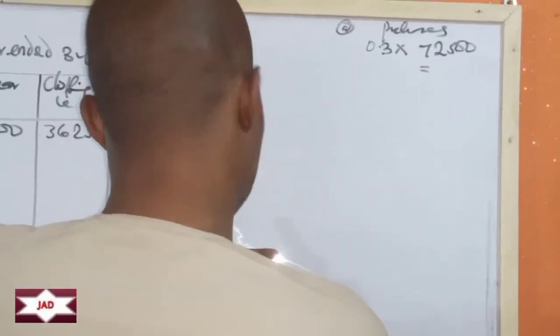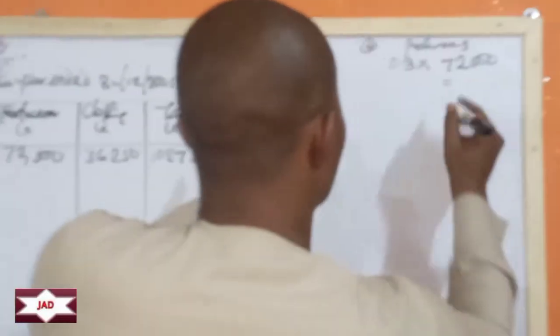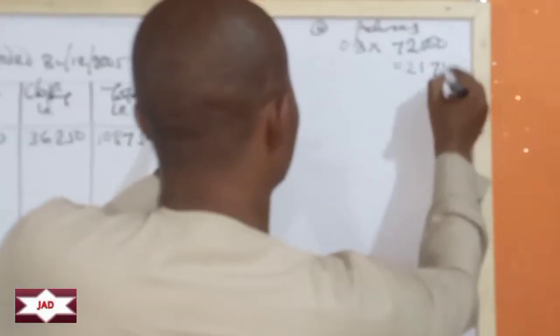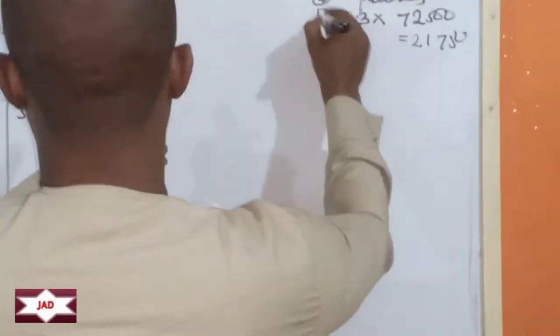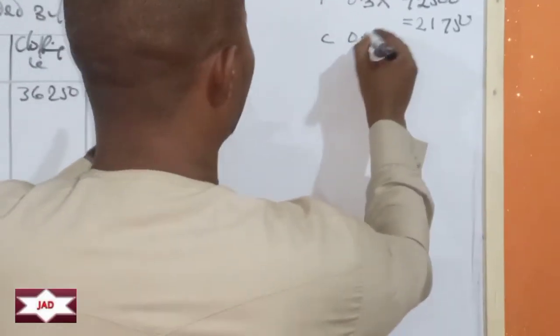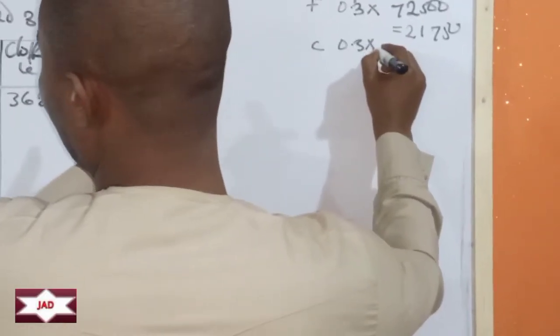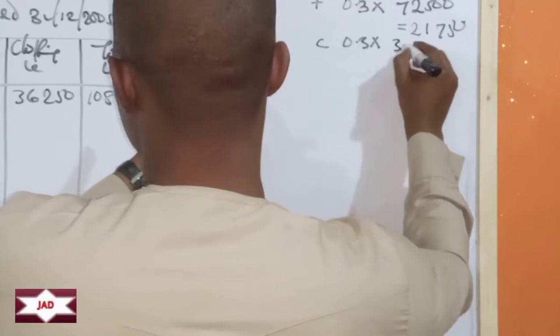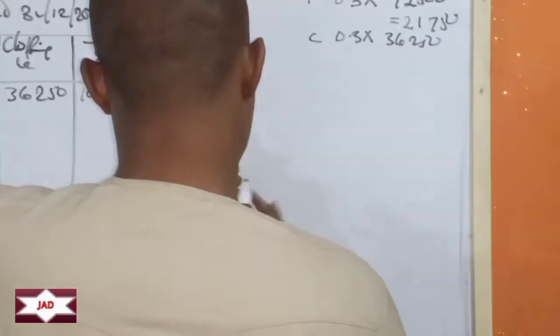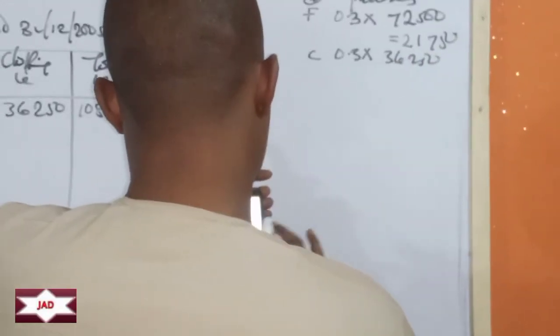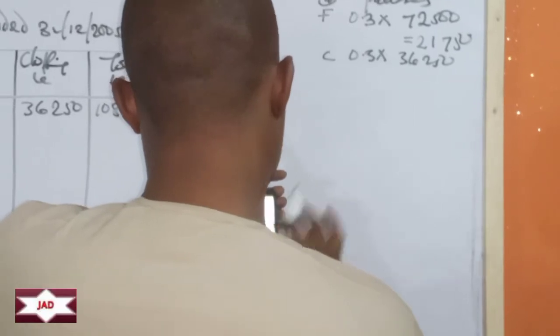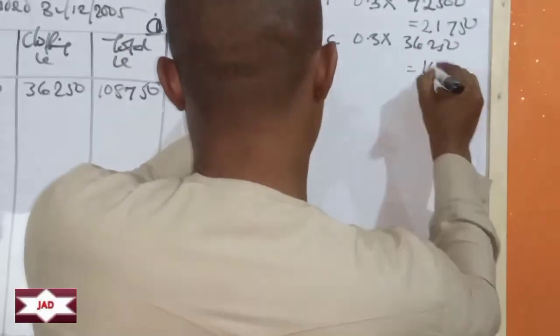So we have 21,750. This is for footwear. For clothing, 0.3 times 36,250. That one is 10,875.